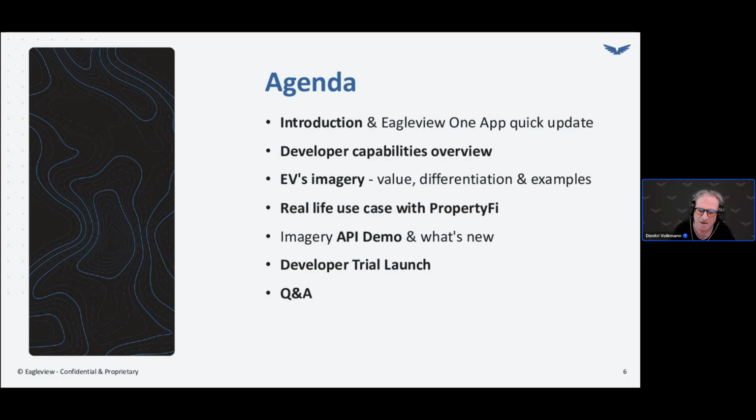Then we will welcome our customers to show what they are doing with our technology. And in the last section, we'll do two things. First, we will look at the details of some of the API calls. This will be really the practical developer experience if you want to use the API. And we'll talk about the new trial that we are launching today. And we'll conclude with some Q&A.